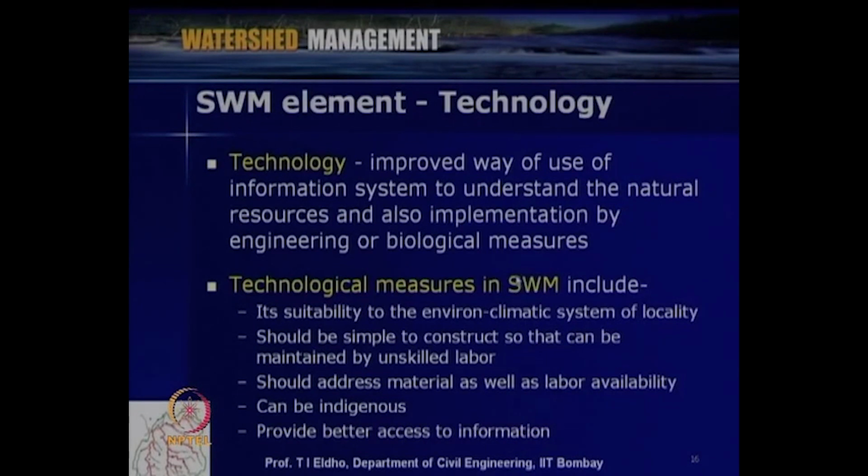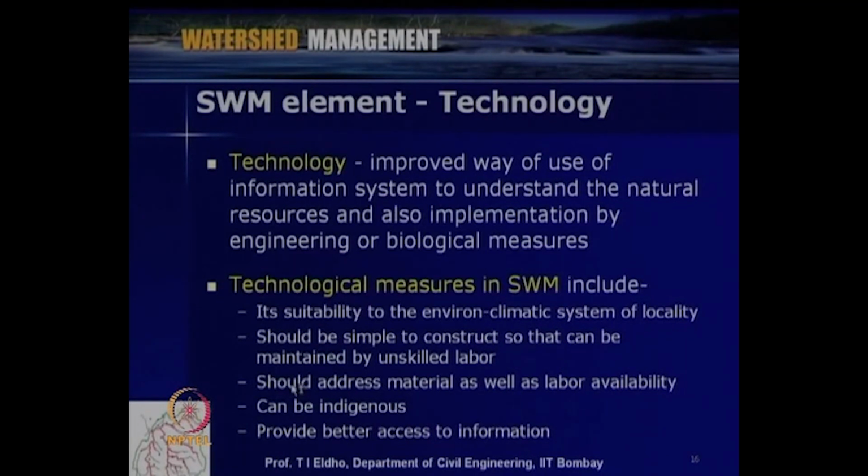Then technological measures in SWM include their suitability to the environmental or climatic system of the locality which we consider. Then how we can make things simple to construct, so that whatever we make can be maintained by unskilled labor. So, without very skilled labor, how we can do the things.